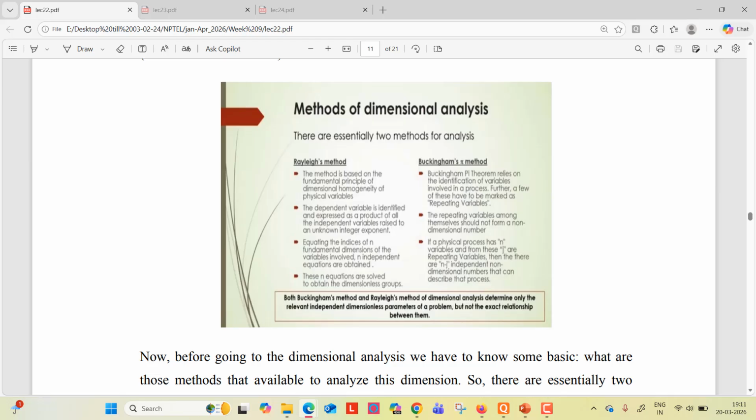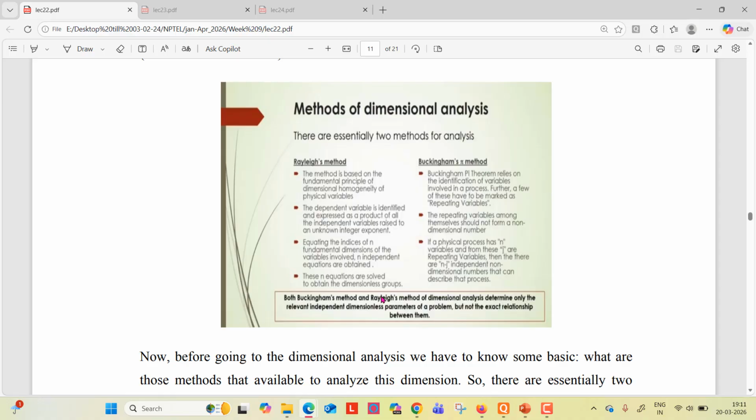In the case of Buckingham Pi, if a physical process has n variables and from these j are repeating variables, then there are n minus j independent non-dimensional numbers that can describe that process. If we do more examples, then you will understand the difference.